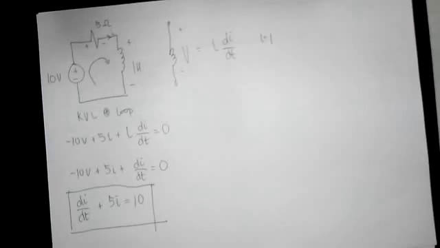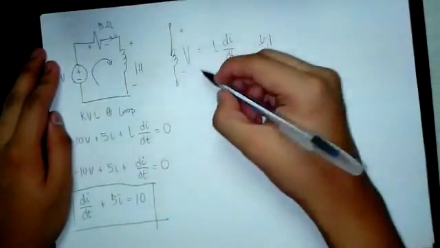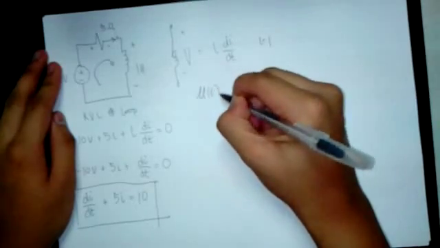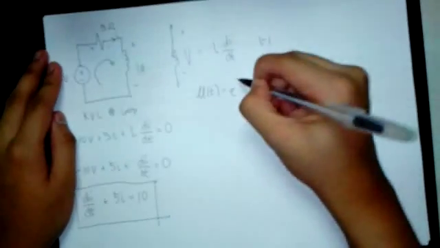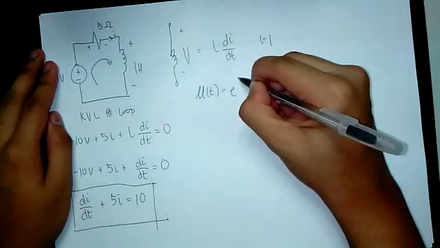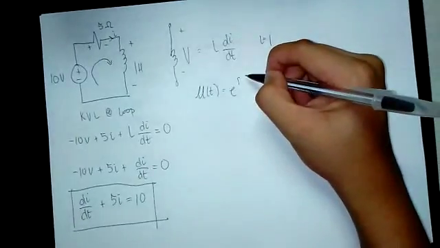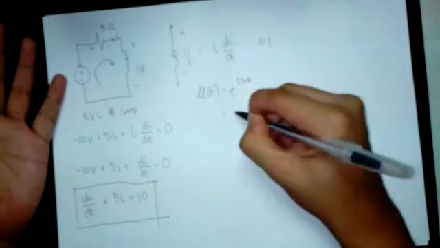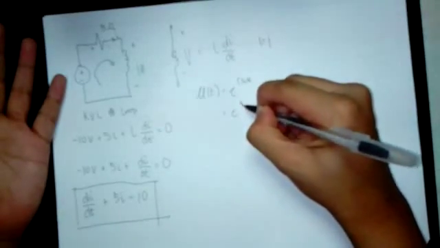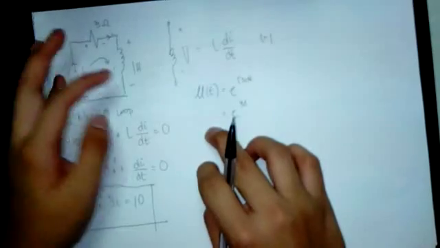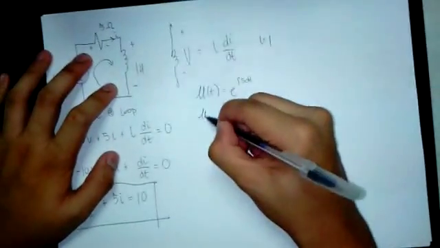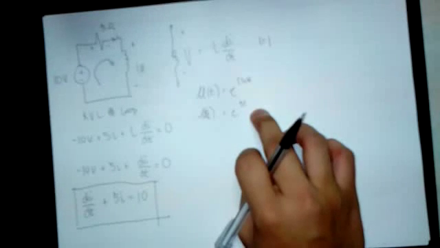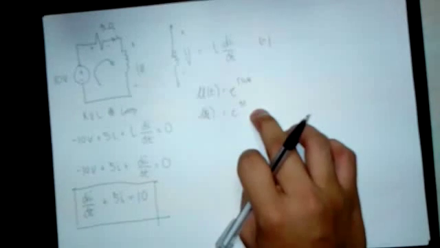To solve for its integrating factor, mu of t is equal to e to the power of the integral of 5 dt, which gives e to the 5t. Mu of t is equal to e to the 5t. Now, we have our integrating factor.